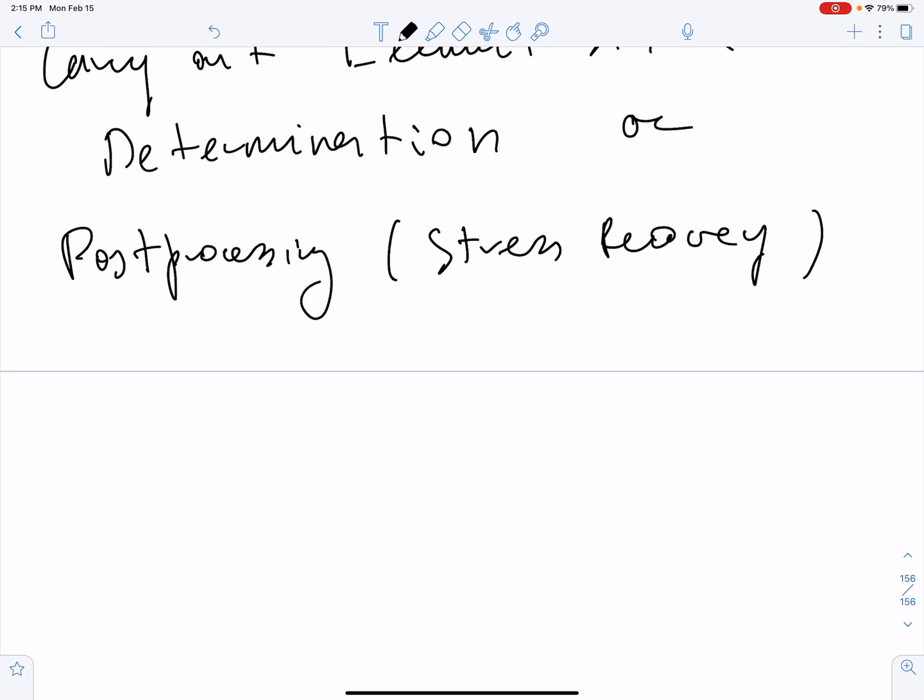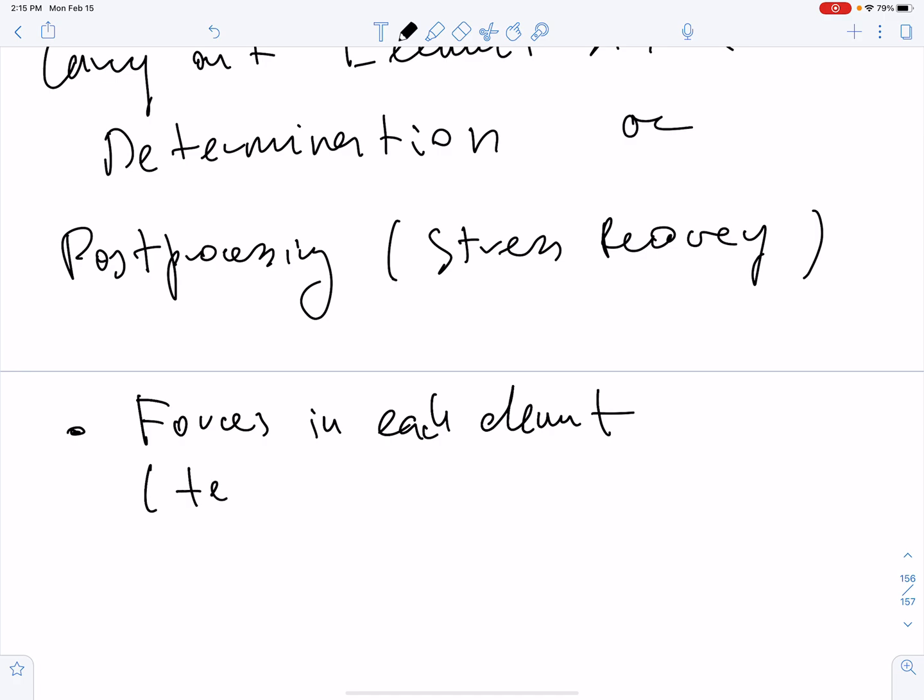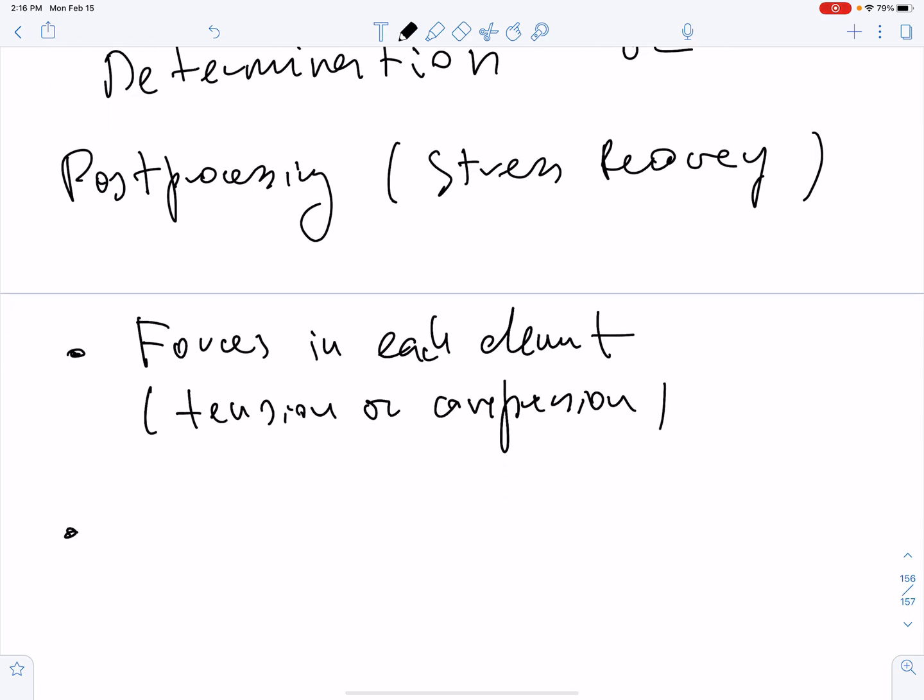In this step, you want to determine forces in each element, and the direction of those forces. So basically you want tension or compression, and by how much.